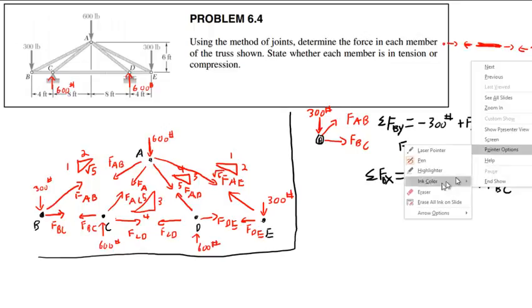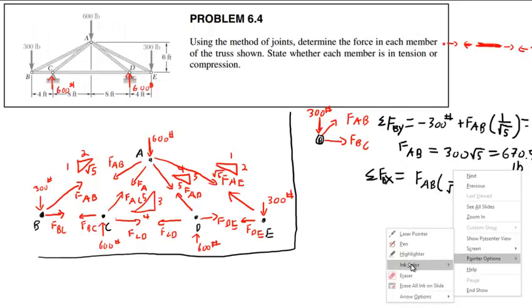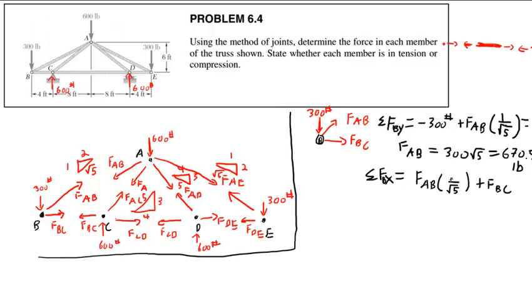Yes, yes, yes, sorry. Two over root 5. That was always 2. I have no idea what you're talking about. Times 2 over root 5 plus FBC equals 0. However, I know that FAB is 300 root 5, so that just becomes 300 times 2 plus FBC equals 0.